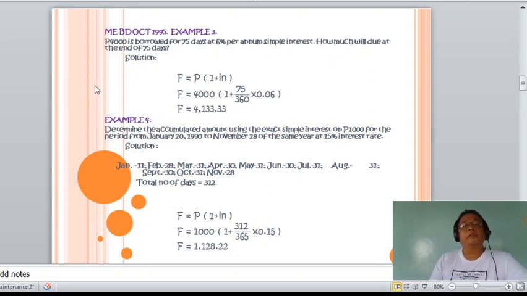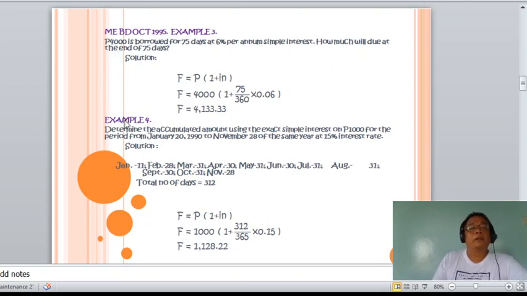Determine the accumulated amount using the exact simple interest on 1,000 pesos for the period from January 20, 1990 to November 28 of the same year at 15% interest rate. Okay? So, let us now compute the number of days.